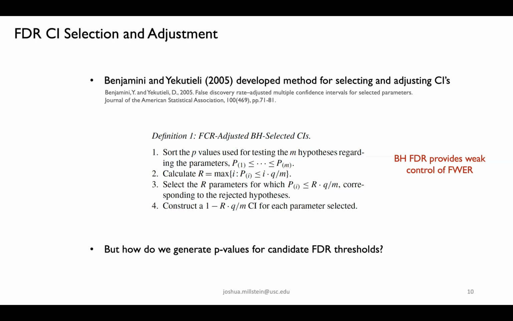And that's that you can interpret it this way: if the confidence interval doesn't cover your null value, then it's going to be rejected by a standard BH FDR approach in this case. And if it does cover the null value, then it won't be selected in this case.